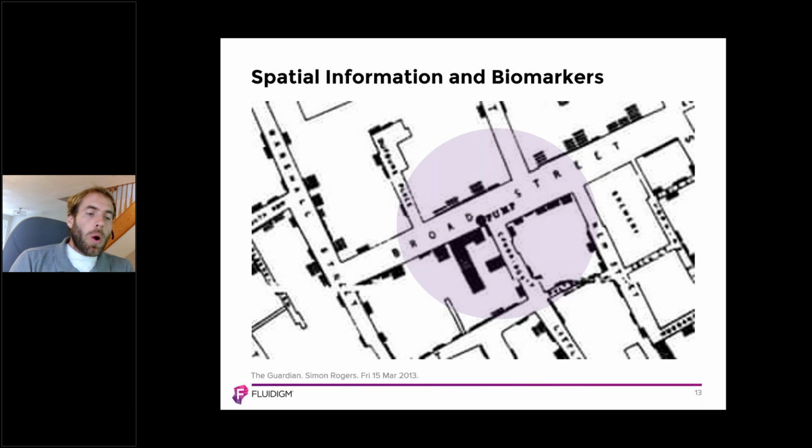But John Snow had the idea that maybe there's a spatial component to it. Because they didn't have an idea of how it spread at the time, he started plotting where the cases were coming from in London, and in particular around this Broad Street pump. And it turned out the number of cases was directly proportional to their proximity to the pump. And as we all know, cholera is a waterborne disease, so this makes a lot of sense, and it was very illuminating at the time.